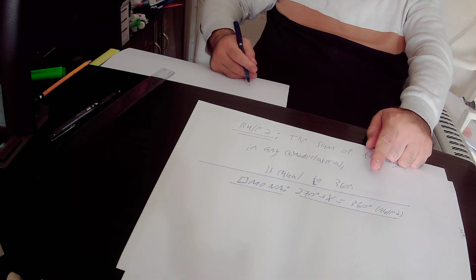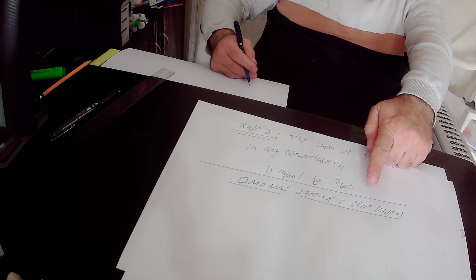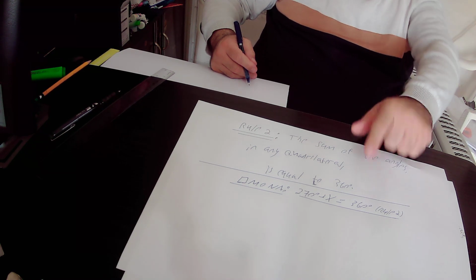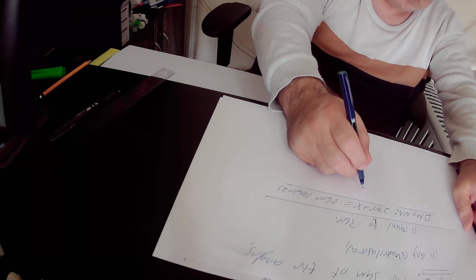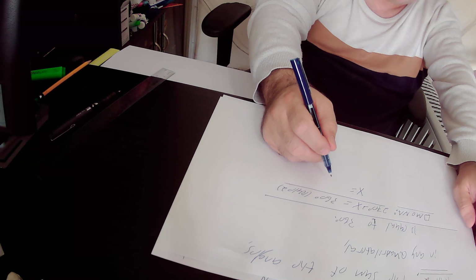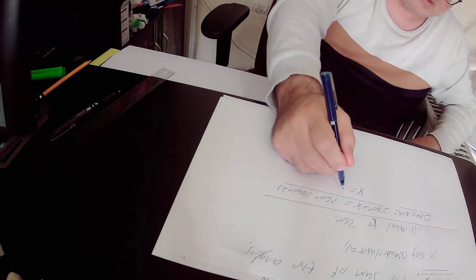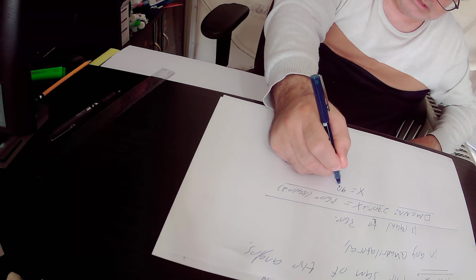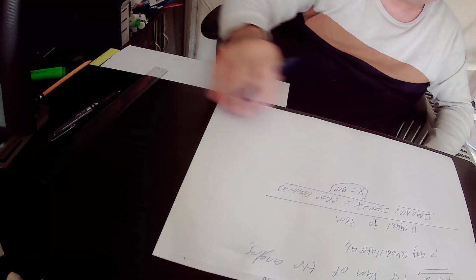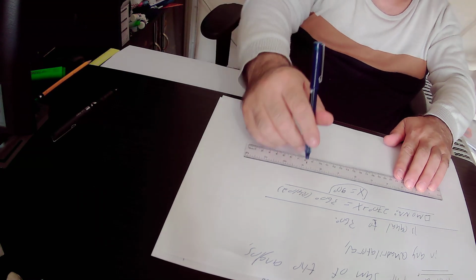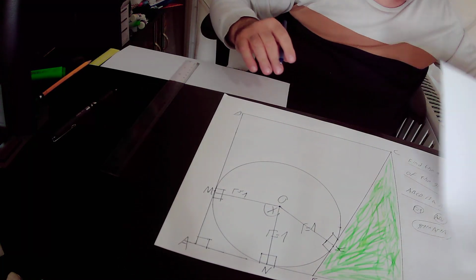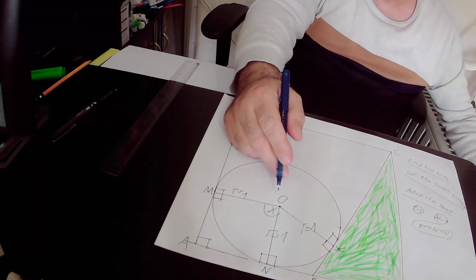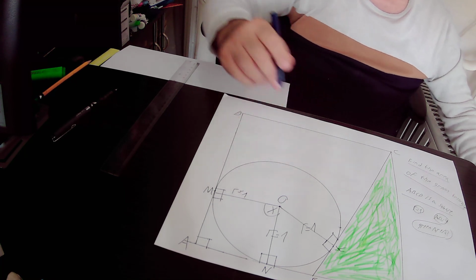So here we will subtract 270 degrees from this equality, and we get that angle X equals 360 degrees minus 270 degrees, that is to say it equals 90 degrees. So we found that angle X is a right angle, so we can change angle X to a right angle.